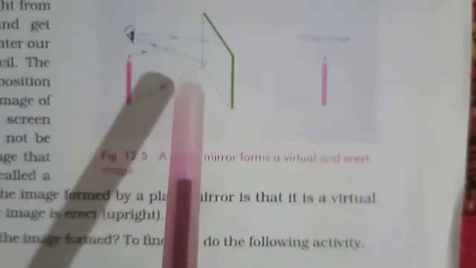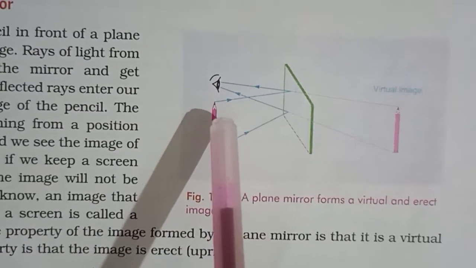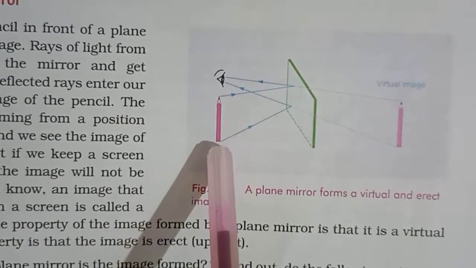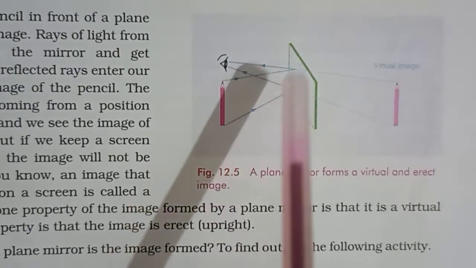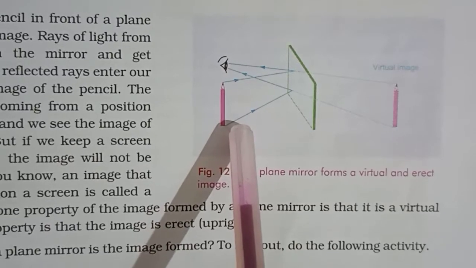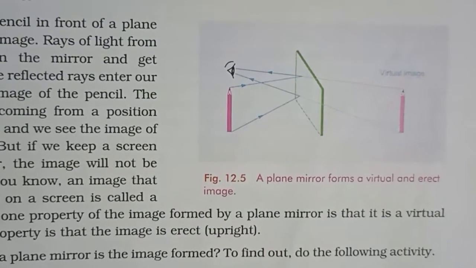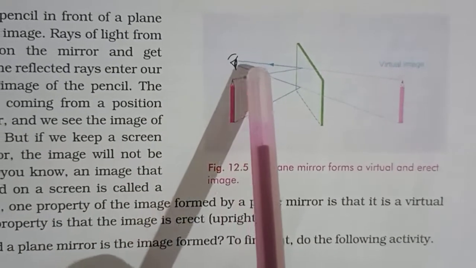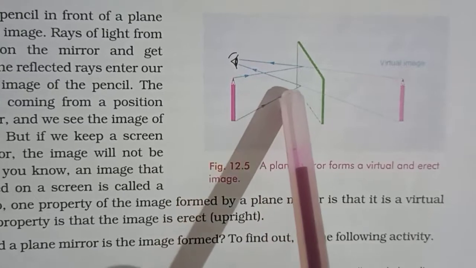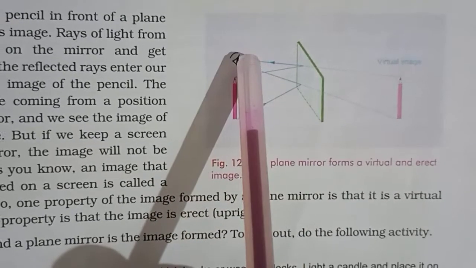Suppose this is a plane mirror and we keep a pencil in front of it. When we place a pencil in front of this plane mirror, we see its image. Rays of light from the pencil fall on the mirror and get reflected.